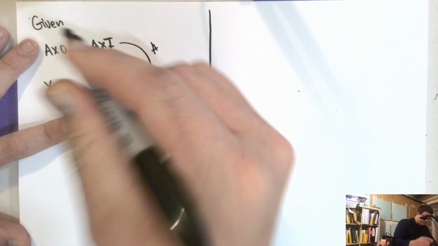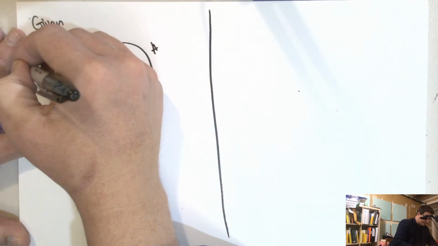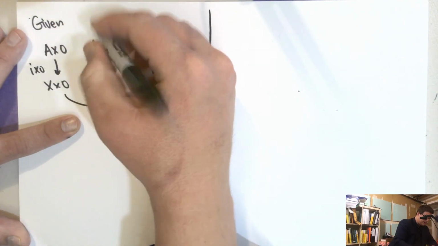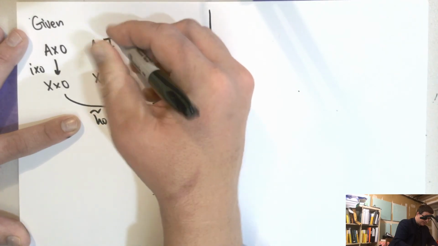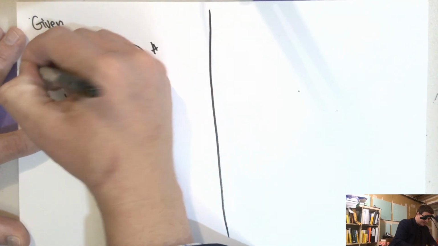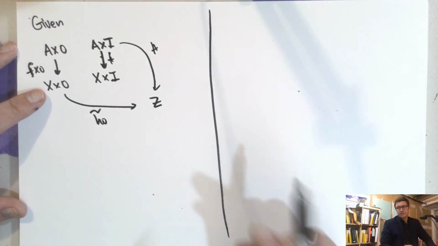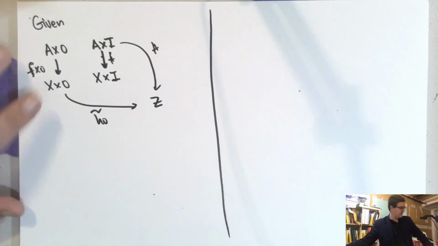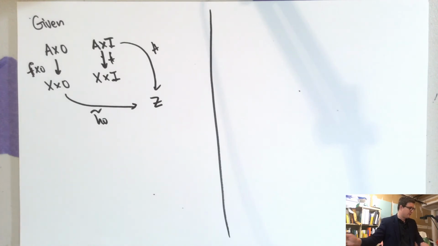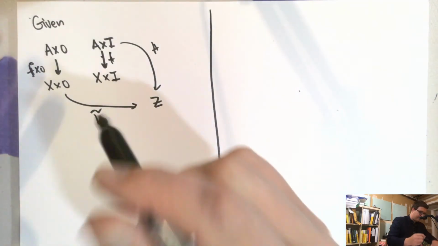H0 tilde, and this goes into here. This is just our, we called this F, I guess, not I. I might have called that I on the previous page. Oh, I did call it I. Oh well.